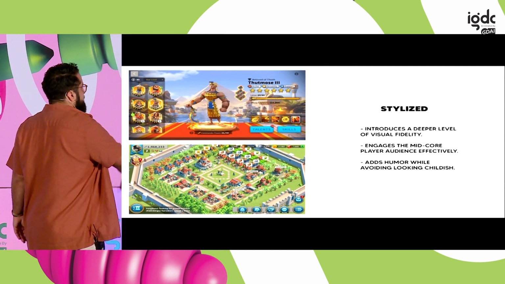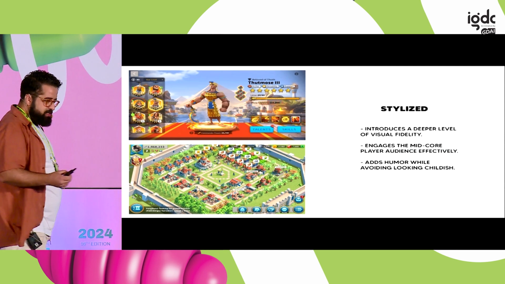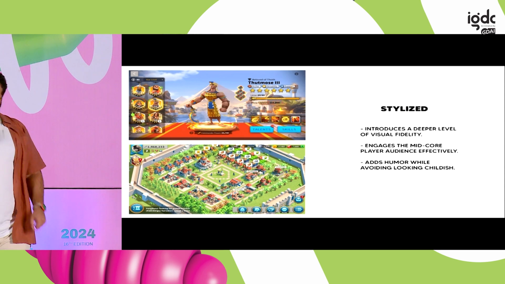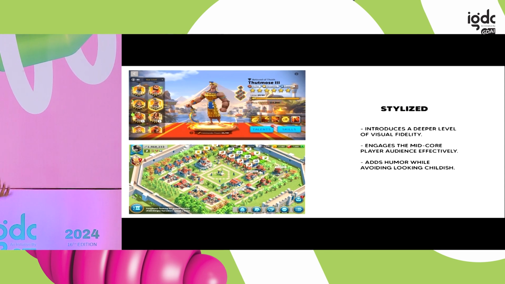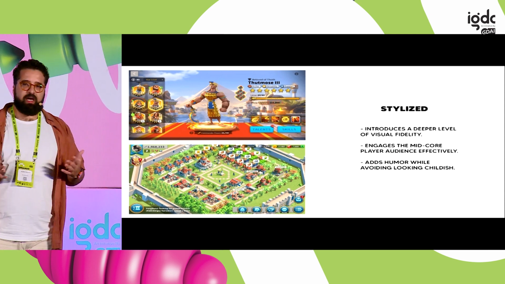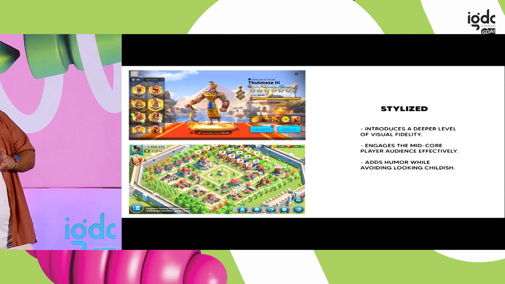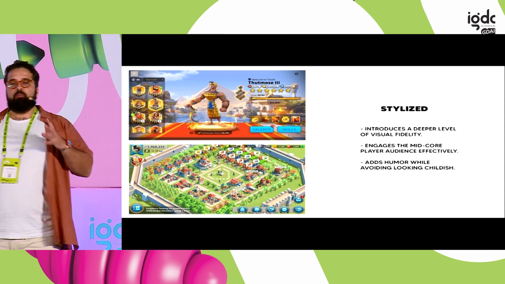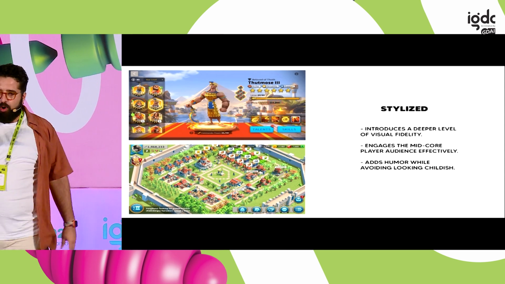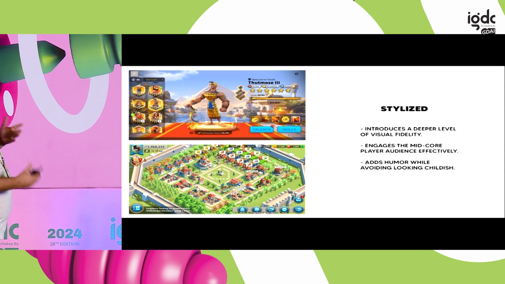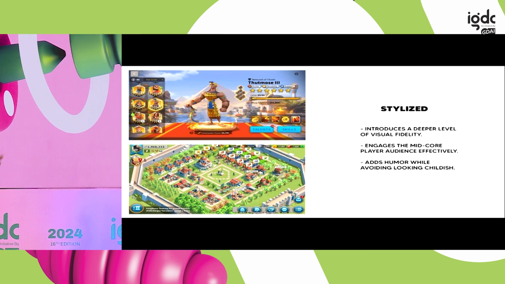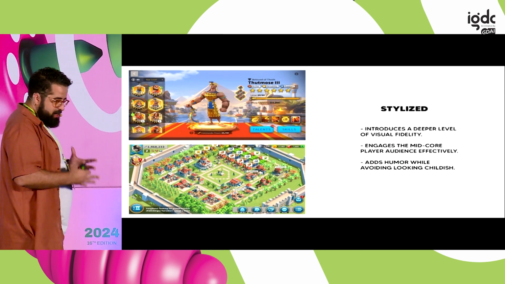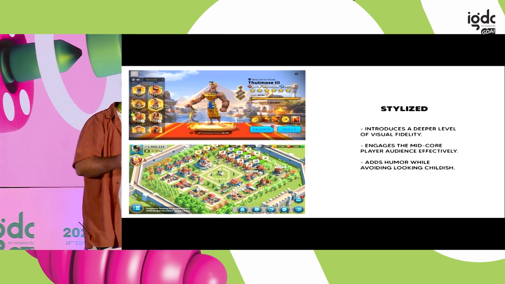Then we have the stylized. Stylized usually introduces a little bit more visual fidelity, right? Maybe the anatomy is not so cartoonish, not this proportion of a big head, a small body, but here you will have a little bit more anatomy, but still, it's not realism. It's not really into conveying each detail.